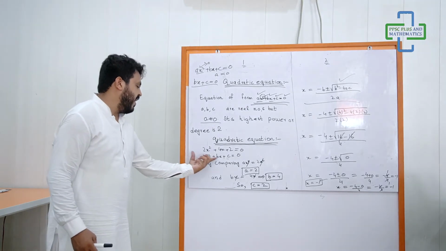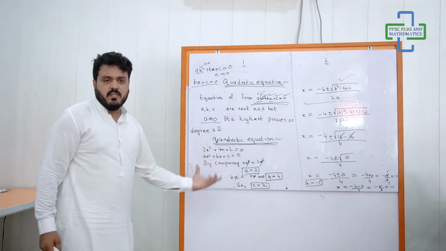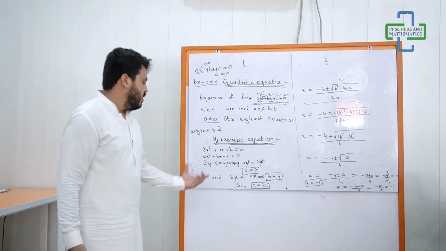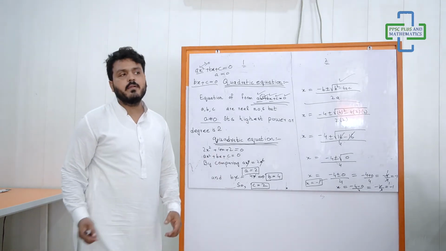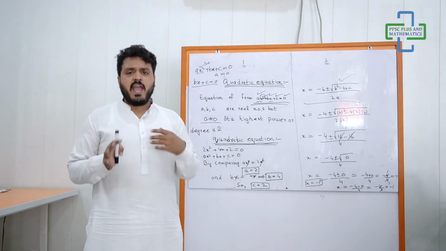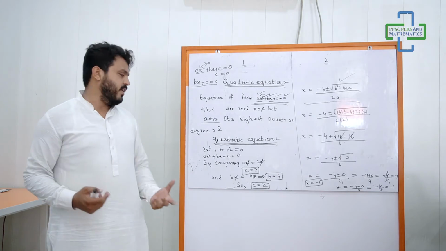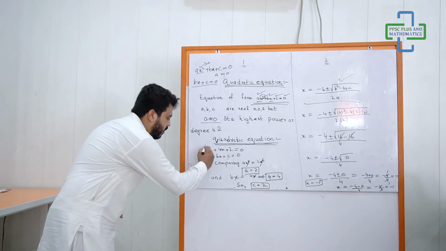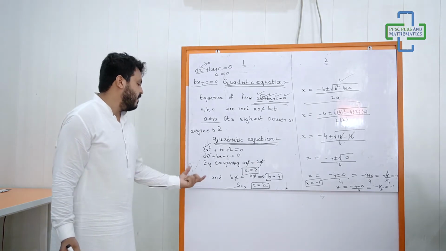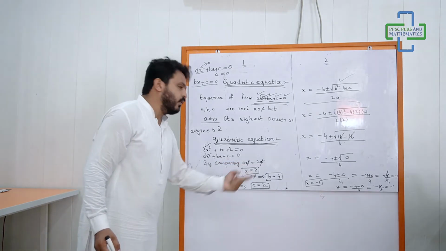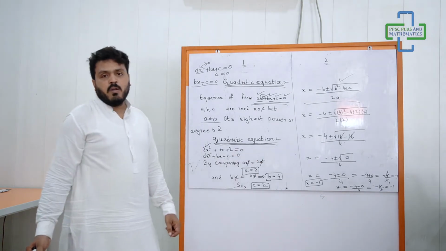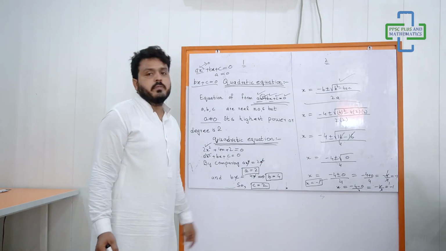We compare it with ax square plus bx plus c is equal to 0, comparing the x square term with the x square term, the x term with the x term, and the constant with the constant. Comparing the x square terms, we get ax square is equal to 2x square, and x square is cancelled on both sides and we get a is equal to 2.